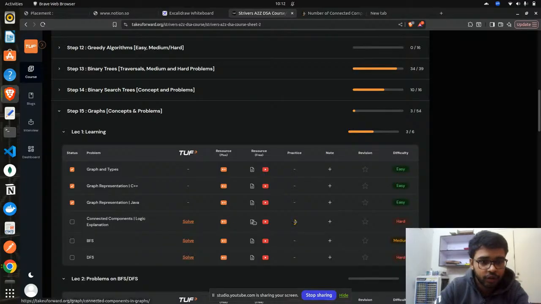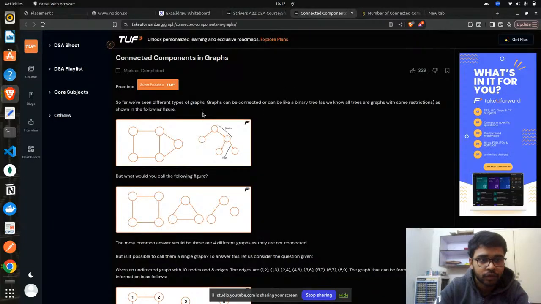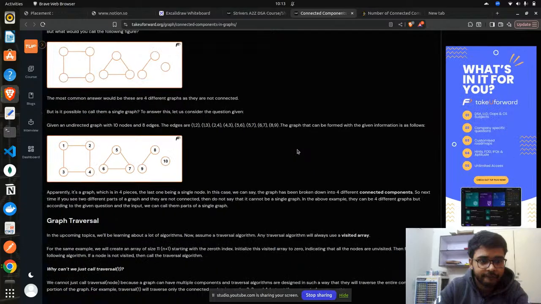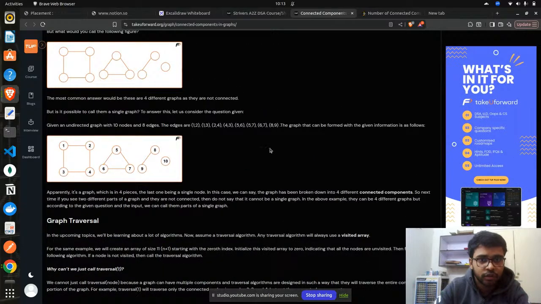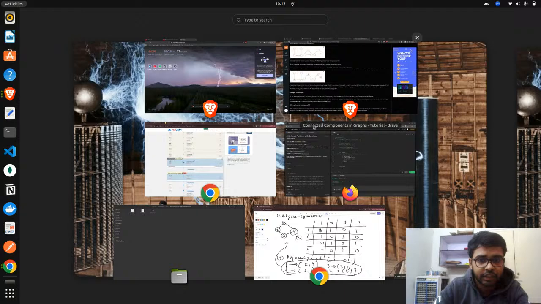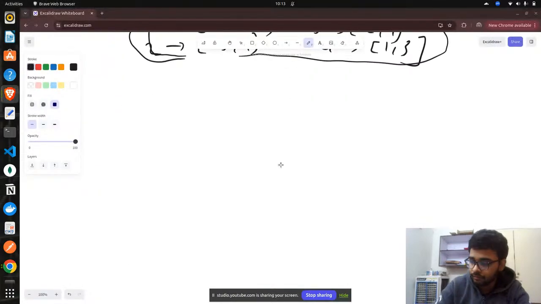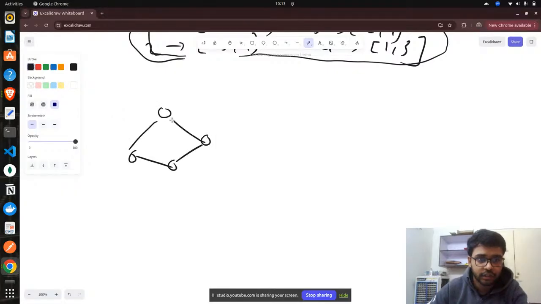Connected component logic. We are seeing the different types of graphs, which can be connected or can be a binary tree. Graph traversal. So basically the connected graph is like this and this.